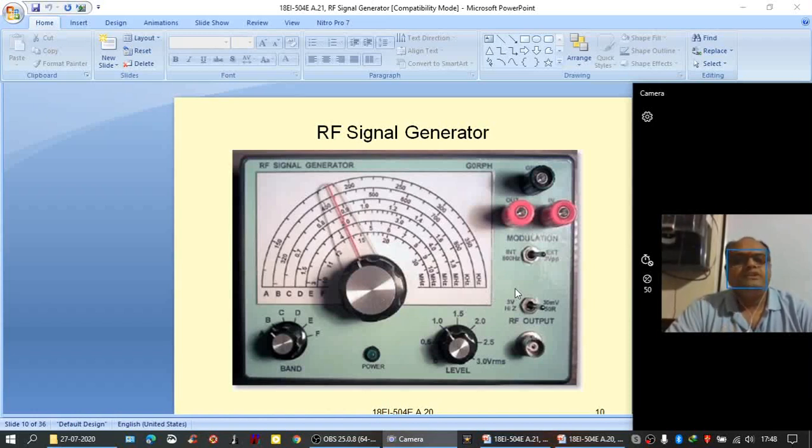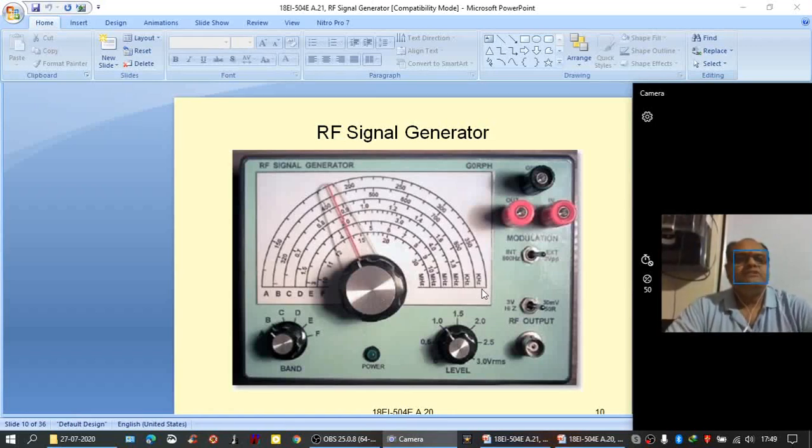In case of frequency modulation, the frequency of the radio frequency signal is modulated according to the amplitude of the audio frequency signal. In phase modulation, the phase angle of the radio frequency signal is modulated according to the amplitude of the audio frequency signal.